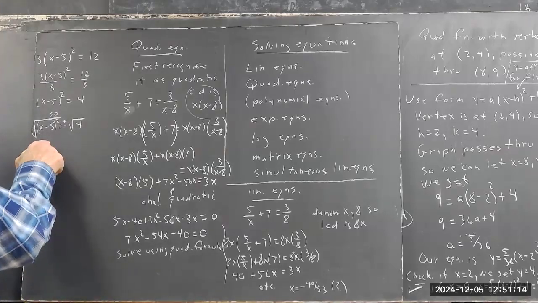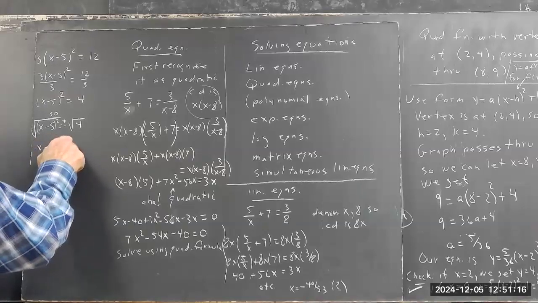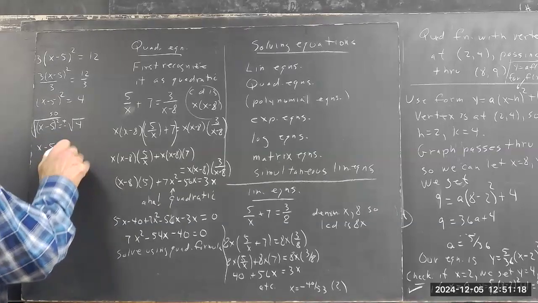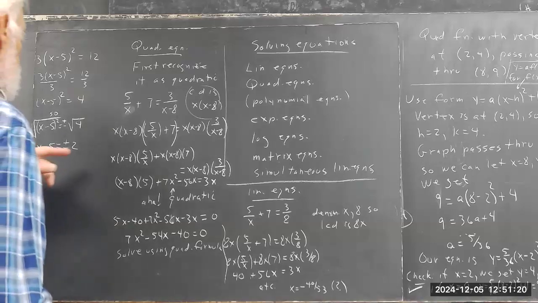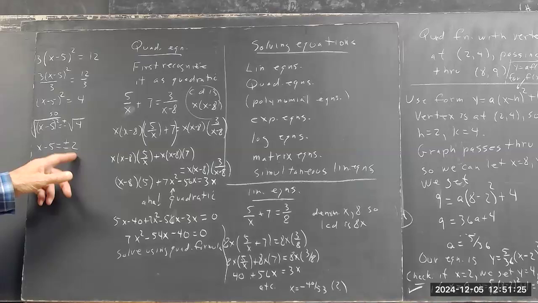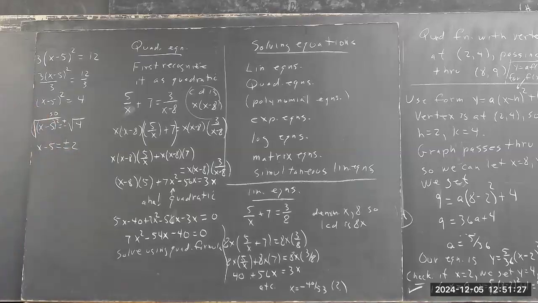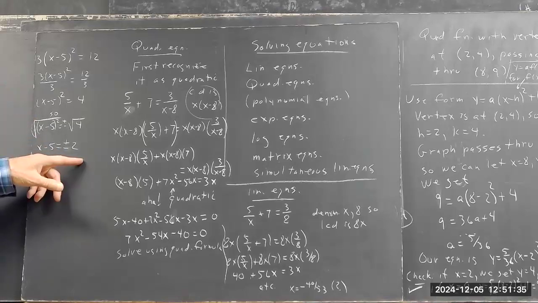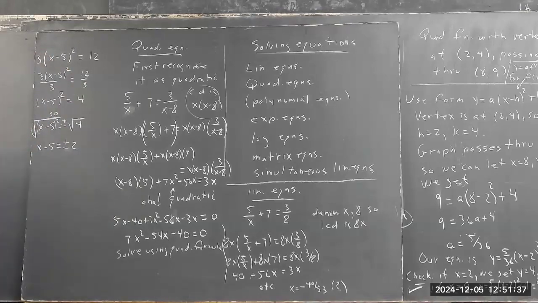Well, this gives us x minus 5 equals plus or minus 2. You have to include minus 2, because if you square minus 2, you are going to get 4.